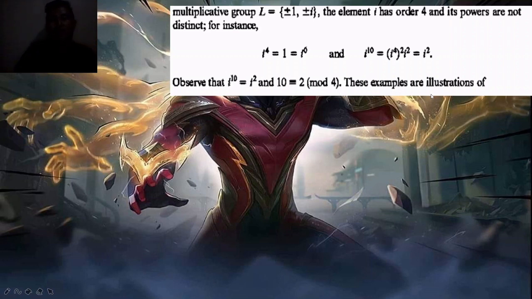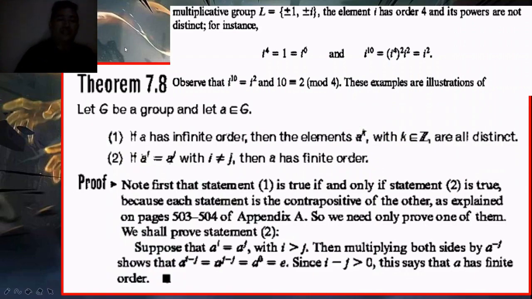These examples are illustrations of these theorems. Theorem 7.8: if a to the power of i is equal to a to the power of j, with i not equal to j, then a has a finite order.